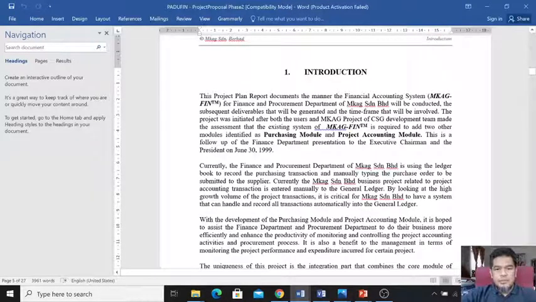Firstly, they touch on what the financial accounting system is all about, and this report will touch on the importance of computerization of the financial accounting system.